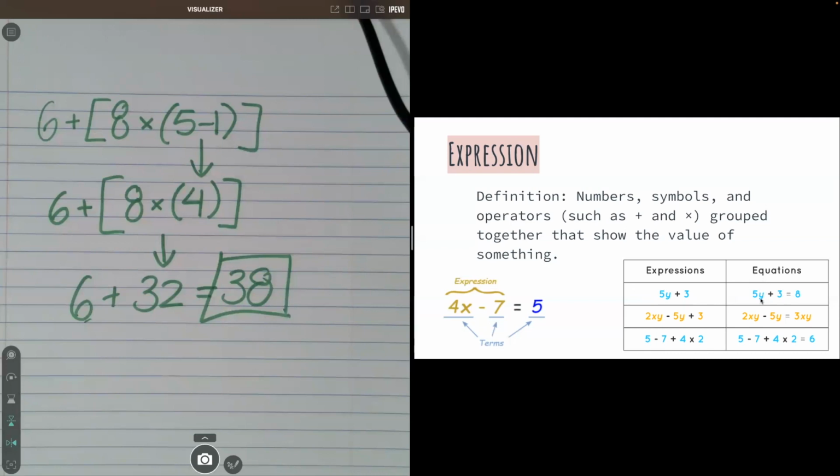In equations, if you have an expression set equal to something else, making it an equation, you can use whatever it's set equal to figure out the value of that variable. So here we have 5y plus 3, that's an expression, and then 5y plus 3 is equal to 8 is an equation.